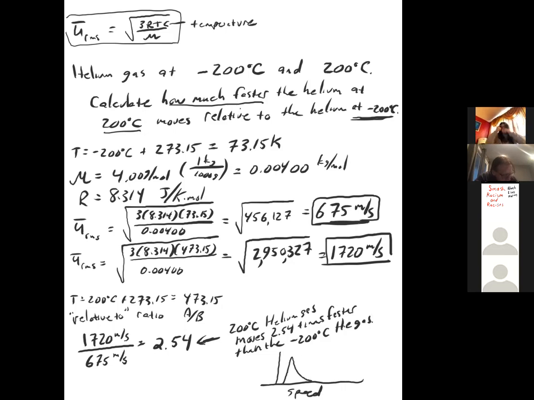So here's your minus 200 degrees C, and this would be your 200 degrees C. So you see how the 200 degrees C curve is shifted over to the right. It's shifted over to faster speeds. So as the gas heats up, as it gets hotter, the molecules will move faster at that higher temperature. Okay.